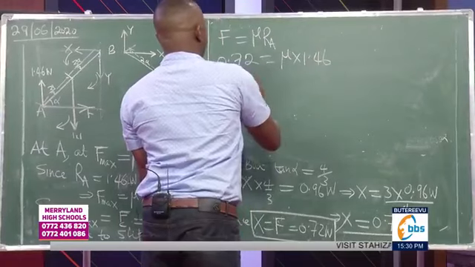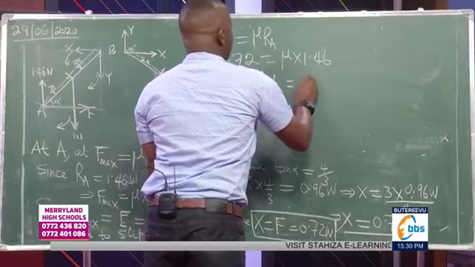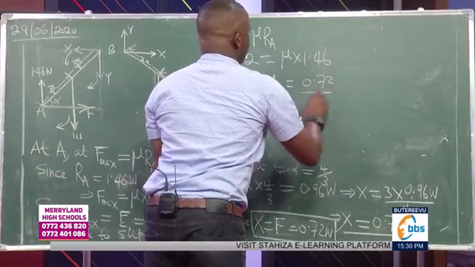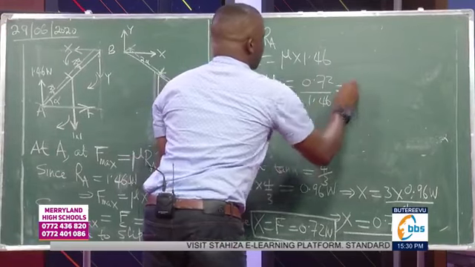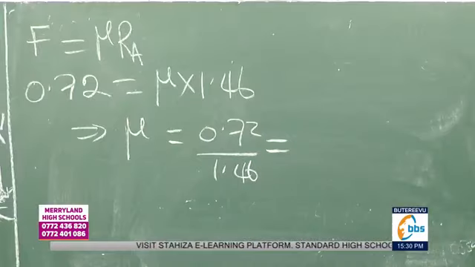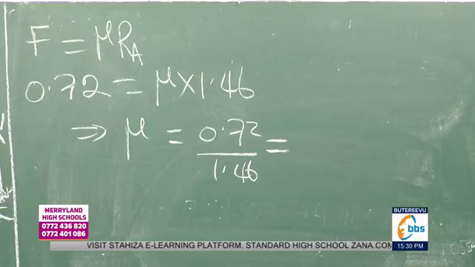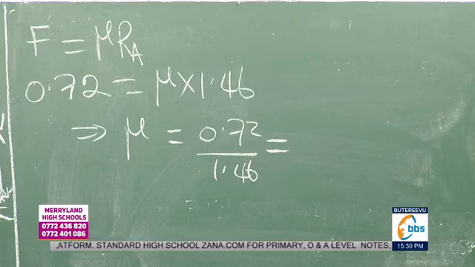Therefore, our coefficient of friction should be 0.72 divided by 1.46.